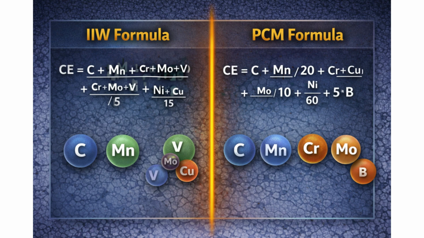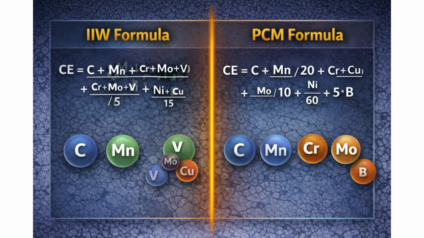This IIW formula is widely used in welding codes and standards to estimate how easily a steel can be welded and whether preheating or special welding precautions are required. Apart from the IIW formula, there are also other carbon equivalent formulas used in some standards. For example, the PCM formula is often used for modern low-carbon and high-strength steels.